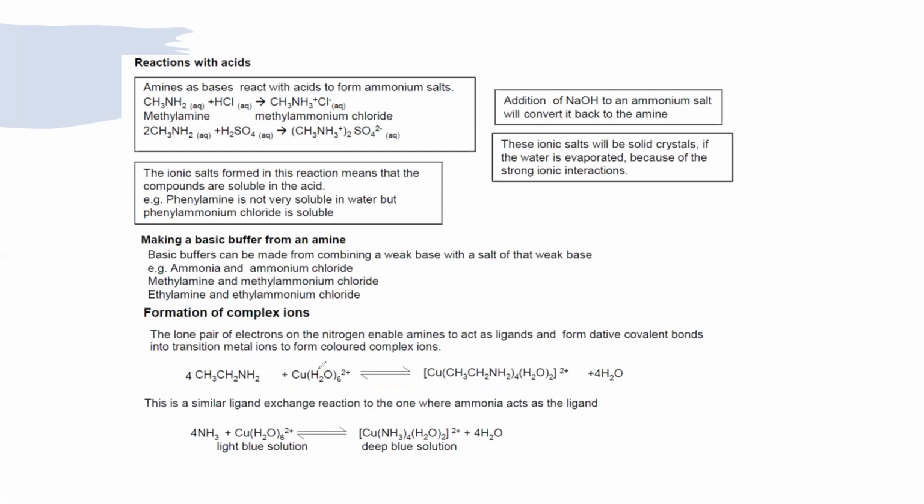The same thing happens if we add a small amount of ethylamine: it will form a blue precipitate, but this equation is given for excess. So when we add an excess, ligand exchange occurs, and the ethylamines added replace the water molecules.